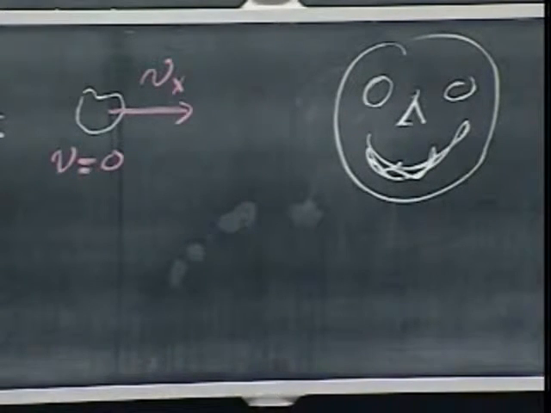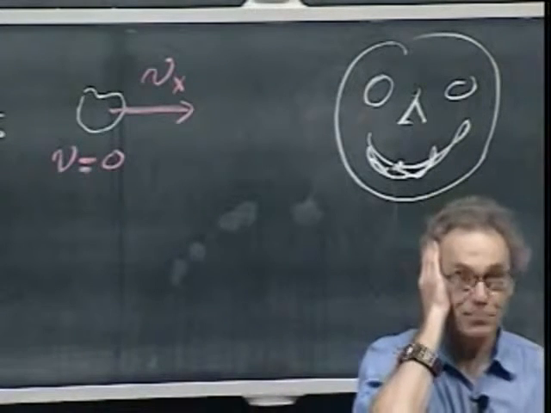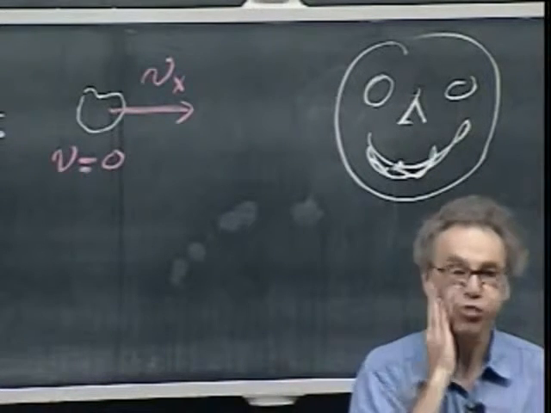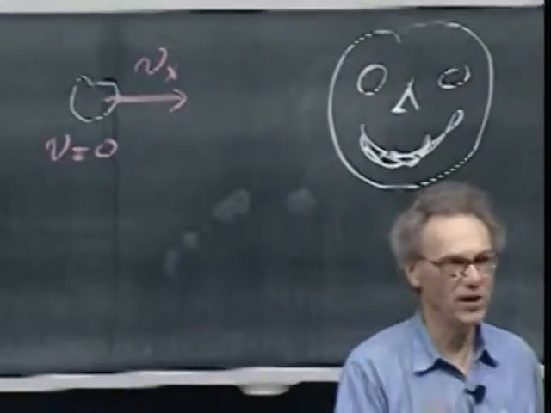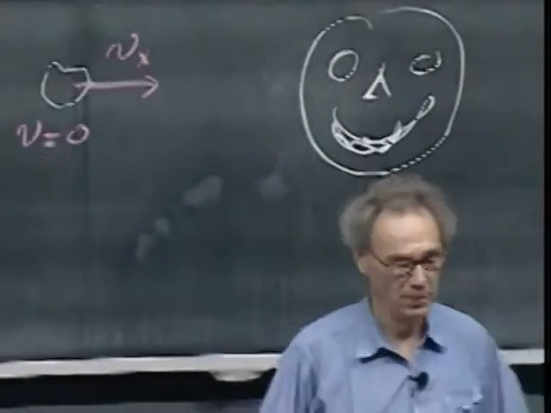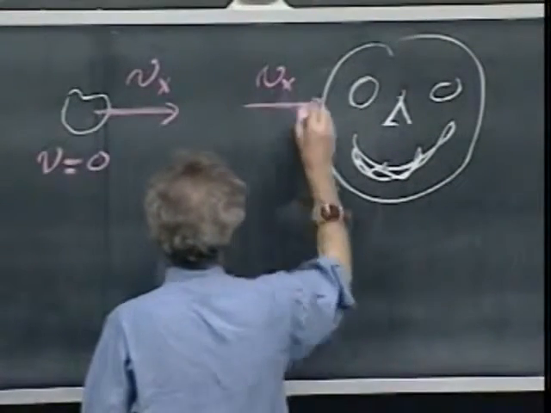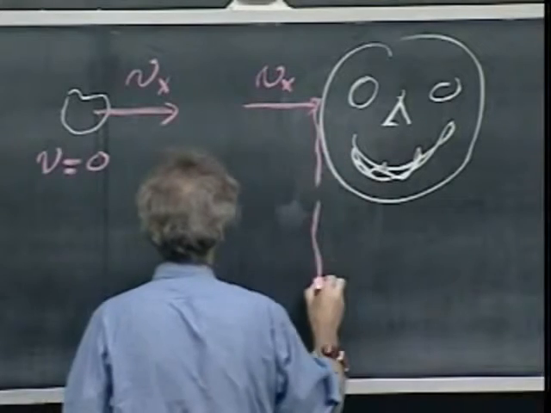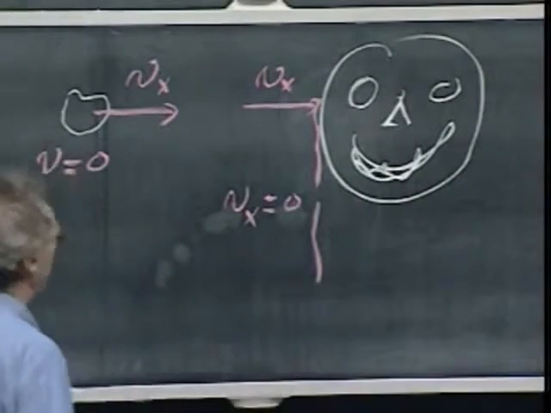The tomato hits you. Maybe it stays there, it's possible. Maybe it will drip down. But in any case, the velocity in the x direction is gone. So it hits you with a velocity vx, and then v of x equals 0. And it may make a mess.